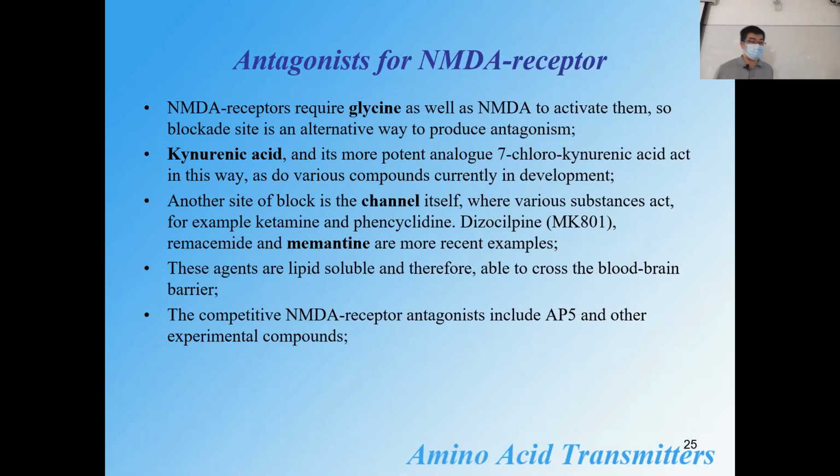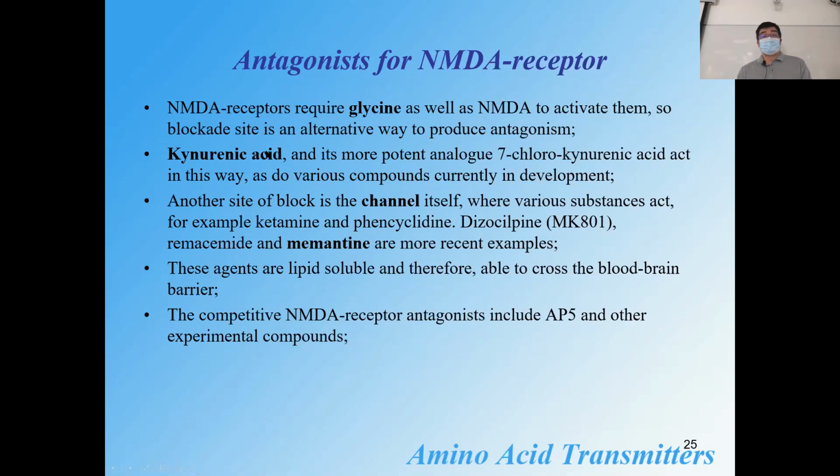When we talk about excitotoxicity, you will know more, because one of the reasons behind it is that when the NMDA receptor is open, calcium can rush in as well. Too much calcium in the neurons can cause cell death. As you now know, the NMDA receptor has a glycine binding site as well, and if you can block that site, it can serve as an antagonist as well.